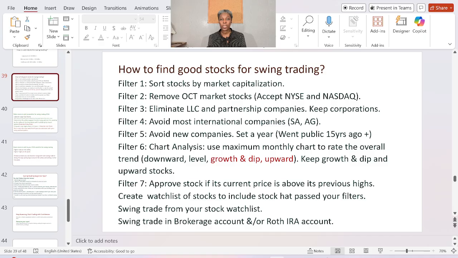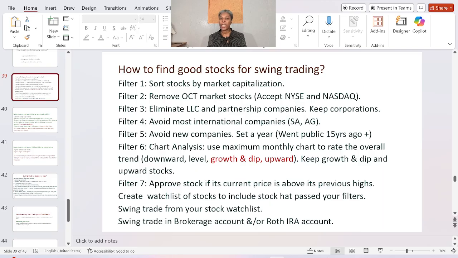So know that stock's market capitalization, and depending on the one you are looking for, you can use that to filter the stock as well if you meet that requirement of yours. So you want to make sure the stock is sold on New York Stock Exchange and NASDAQ. So pretty much you are looking for good stocks. So you can eliminate stocks that didn't meet that criteria.